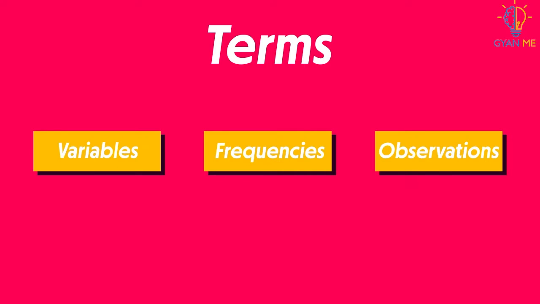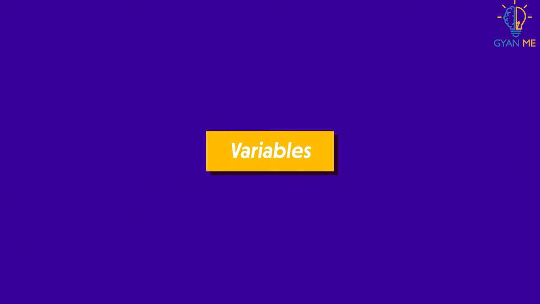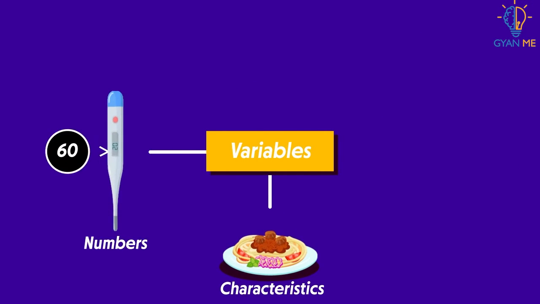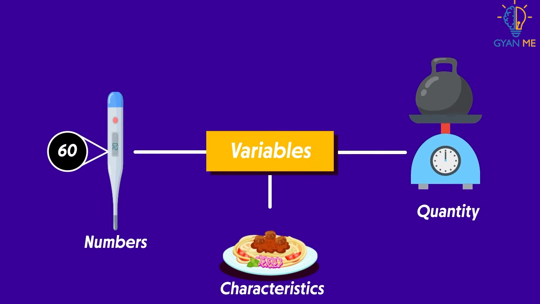First one is variable. A variable is any characteristic, number or quantity that can be measured or counted while collecting data. A variable may also be called a data item.